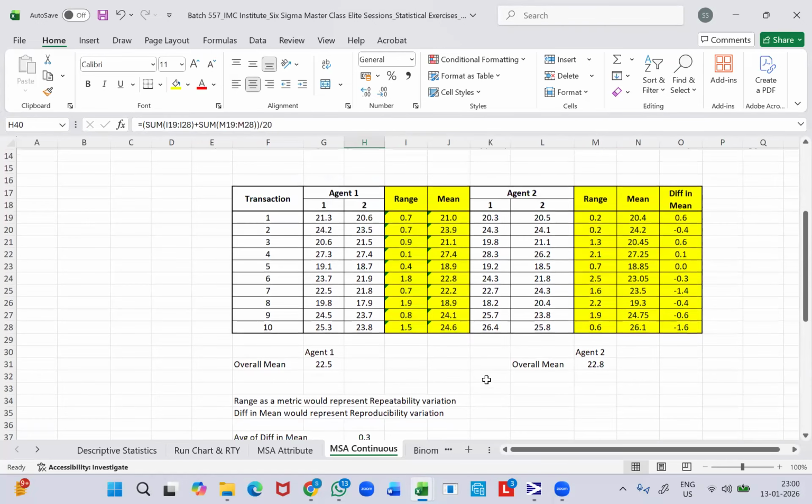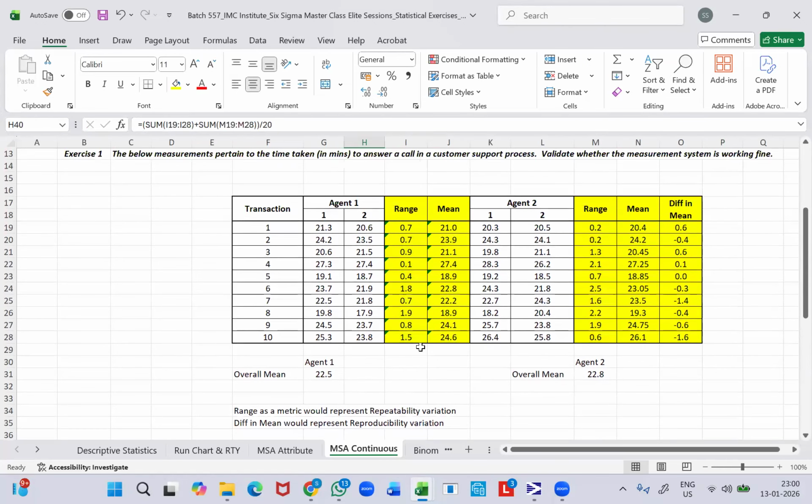Now I can find out for how many transactions pertaining to agent 1 we have range values in excess of this overall average. That means above average. Because range as a metric is a lower-the-better kind of metric, right? So for all these variation metrics, we need to have minimal value. So we will find out which transactions pertaining to agent 1 have range values in excess of the overall average of 1.14.